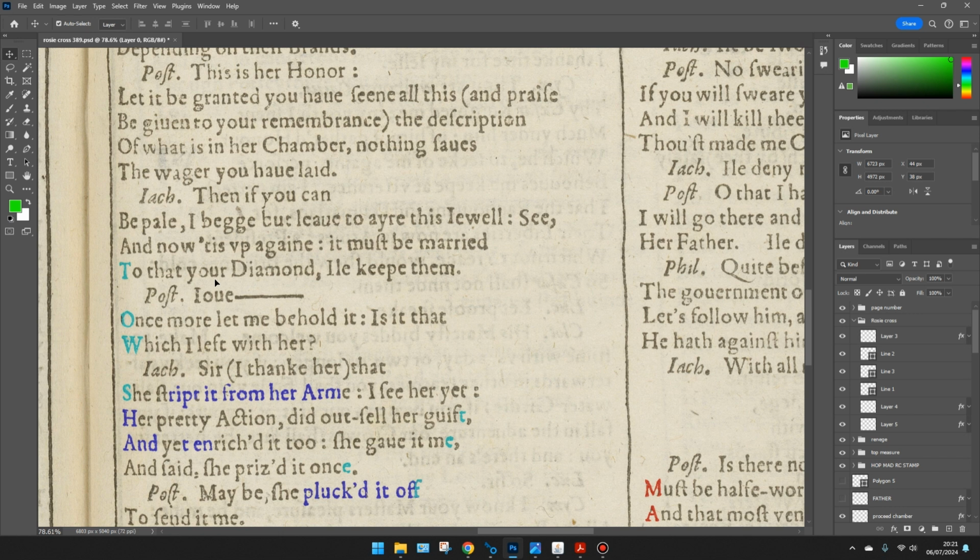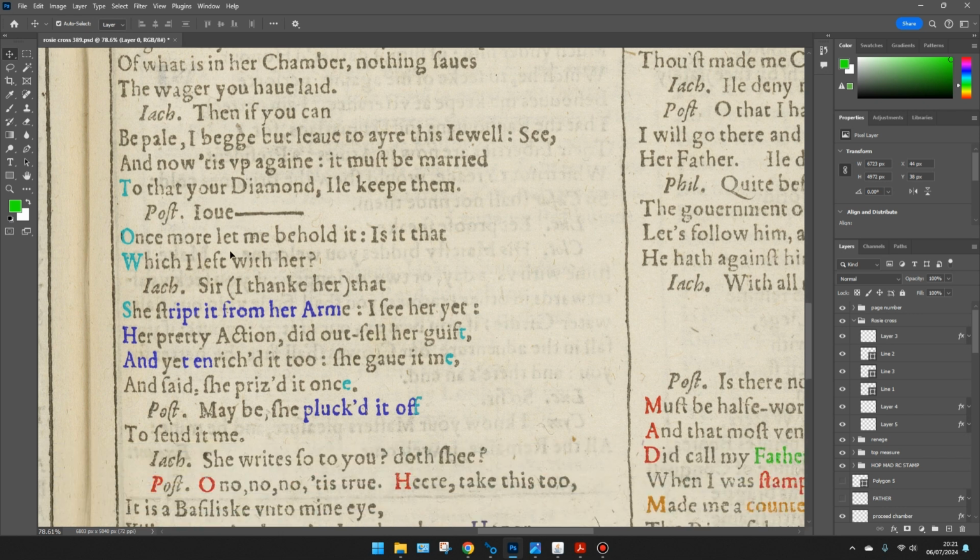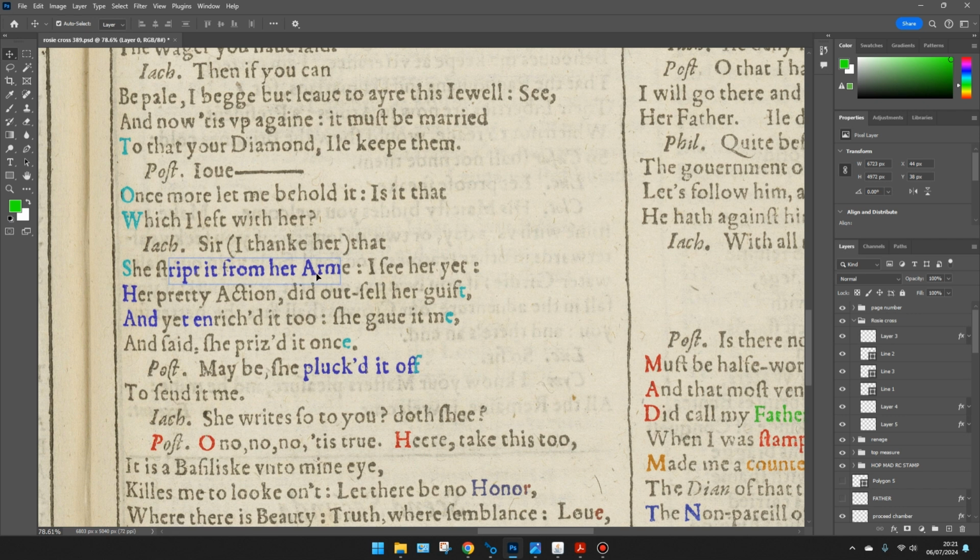Now, this might seem really far-fetched, like a lot of this, but it's just innocent words that first get your attention and then lead you on from there. And it's saying here, ripped it from her arm, but you don't get toes on an arm.